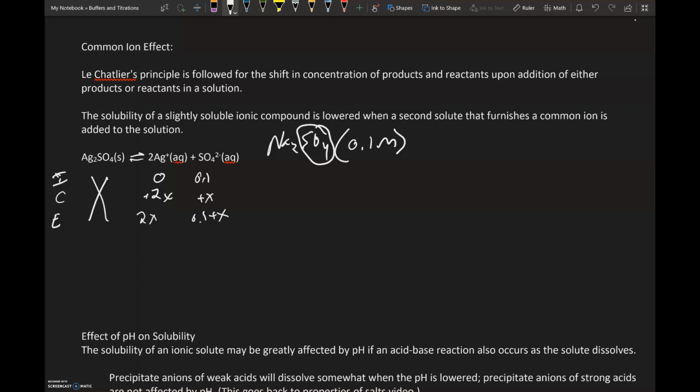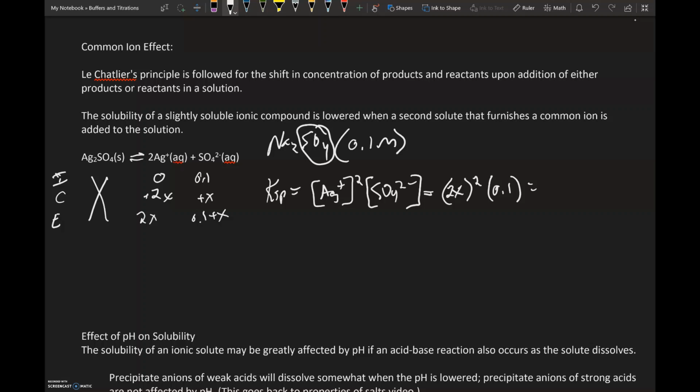Now, as you start to work with the equilibrium and you set up the ICE chart, what you're going to notice is that you're going to have silver squared times sulfate. So we set this up, we have 2x squared times 0.1, which is equal to the Ksp for that particular solid, and we need to look that up in order to solve for this.